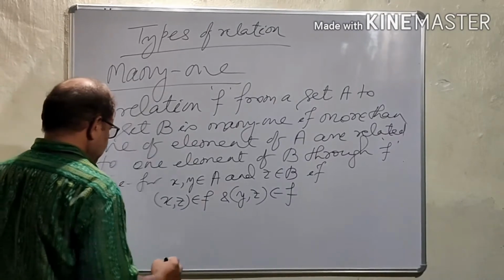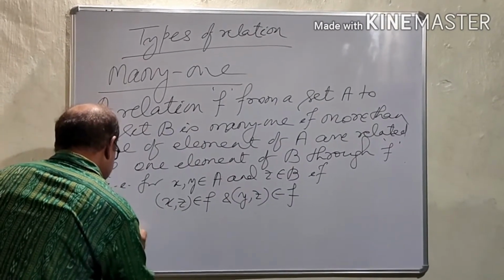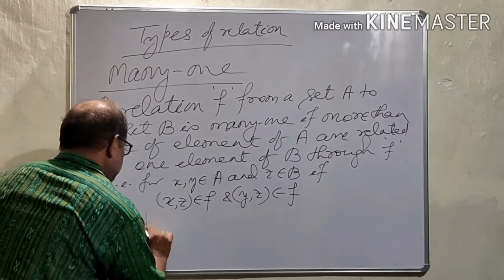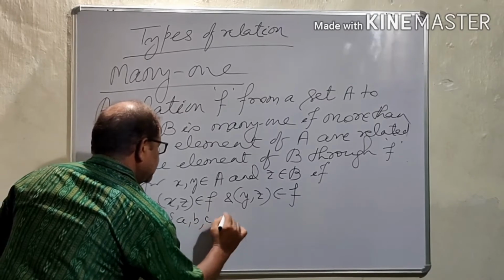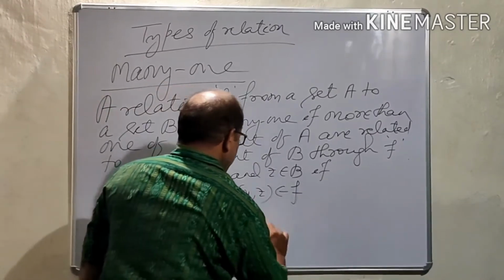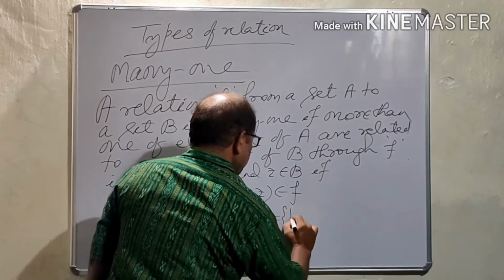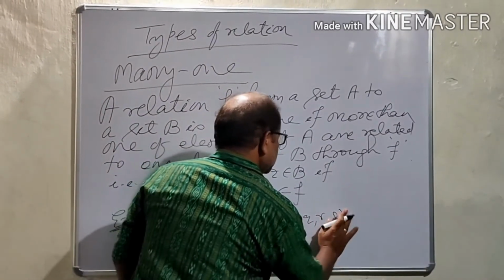Let us see an example. Suppose A is equal to {a, b, c, d, e}, B is equal to {p, q, r, s}.